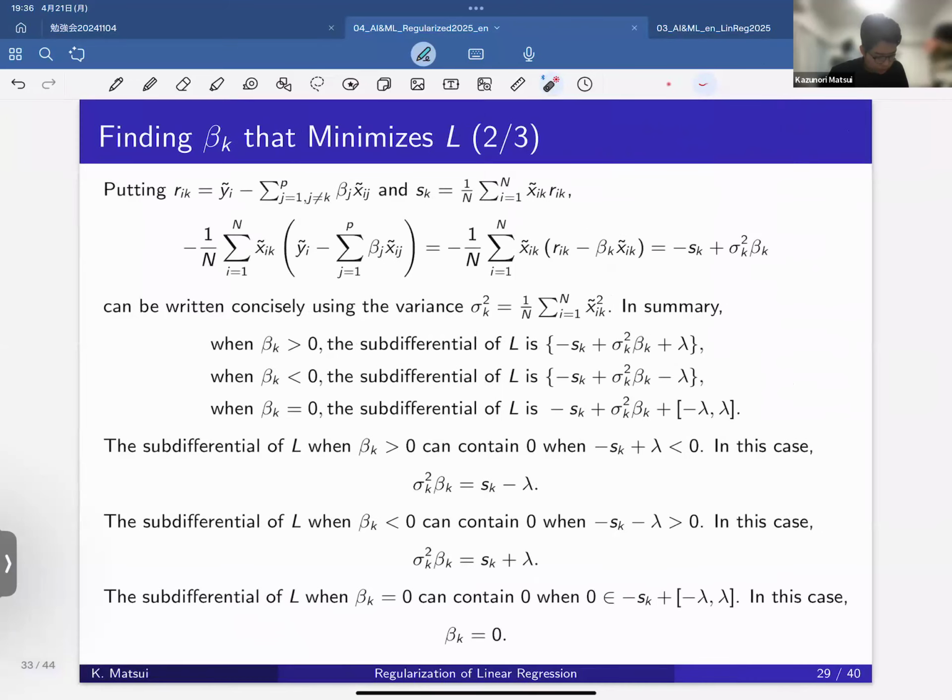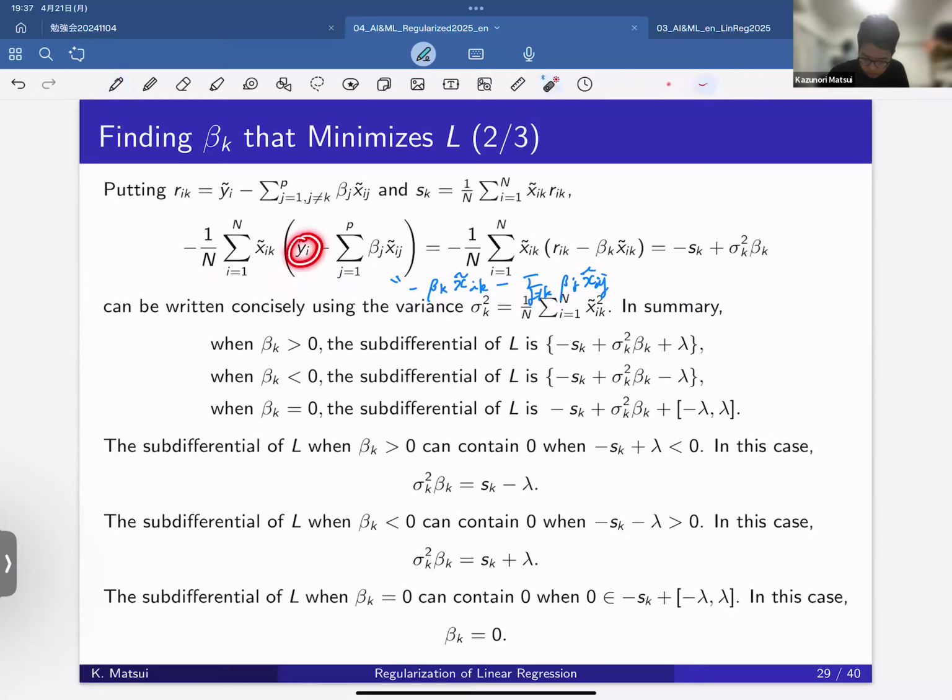To simplify this expression, let's define Rk and Sk. We split the sum into this part, y tilde i minus the sum of all, this part is minus beta k x tilde ik minus the sum over j not k of beta j x tilde ij.